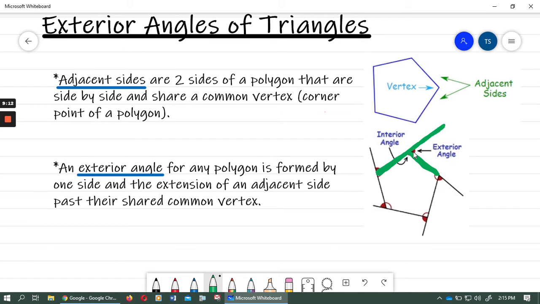Awesome. So we've got this side right here and this extension right here. This extension of the adjacent side forms this exterior angle right here. You see that? Awesome.